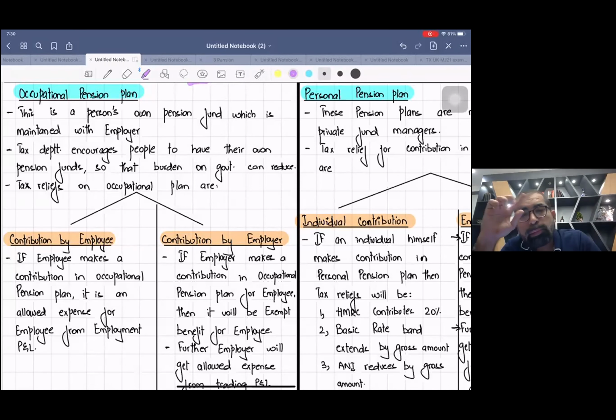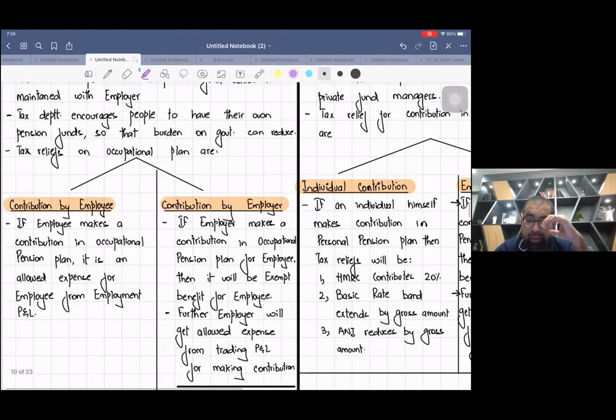And number two, as employer is doing expenditure for employee, so for employer it is an allowed expense from trading income PNL of employer. Okay, you can have a look. Please check it out. Quick one.